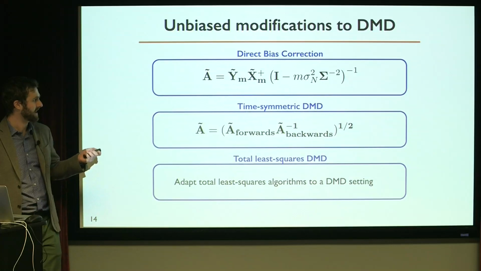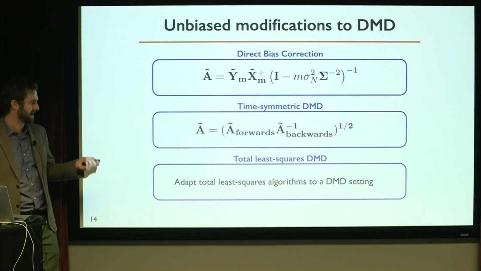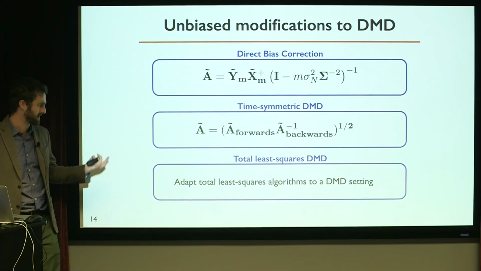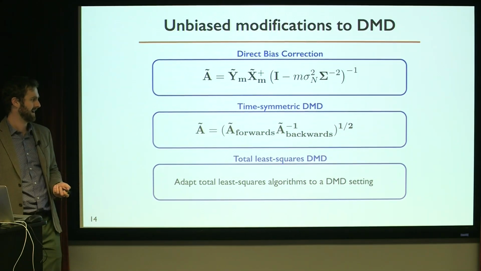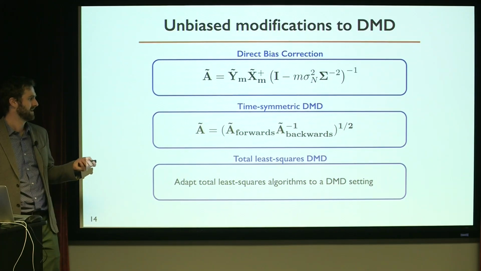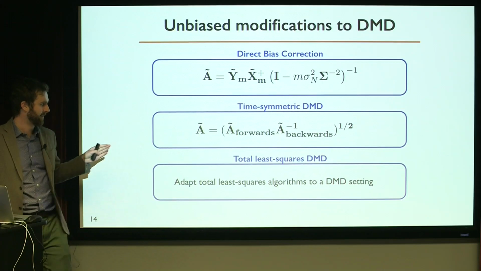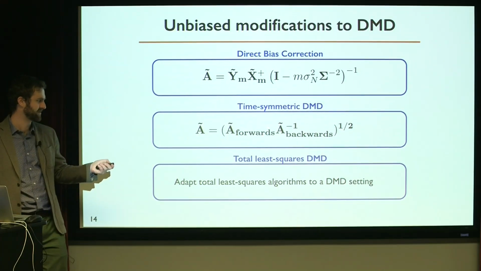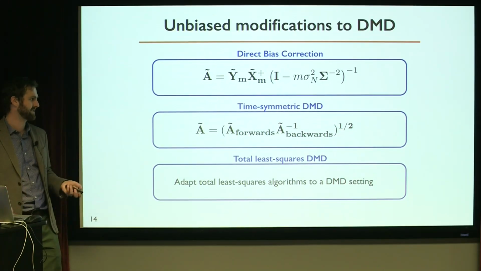It turns out that directly correcting for this bias is one of a number of alternative formulations that we came up with to construct bias-free approximations. Turns out that you can identify a model for your system forward and backward in time and take the geometric average of the results. That's bias-free.